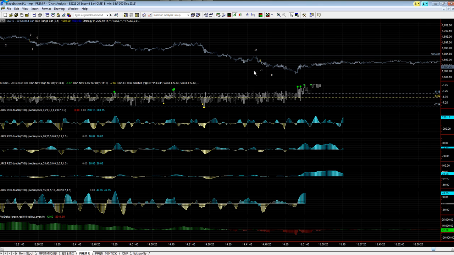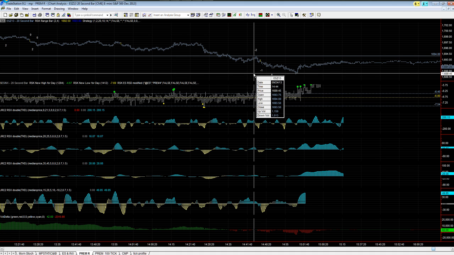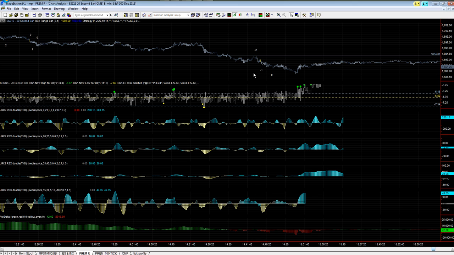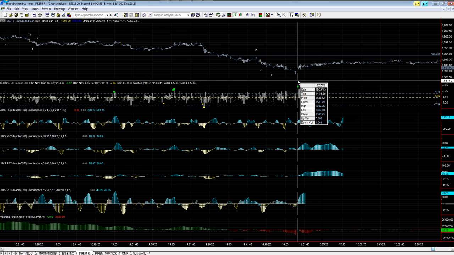Okay, so let's just talk about this exception to the rule. We have the higher highs on the premium here associated with this price at 94. Now the caveat to the premium rule is that if the premium goes higher, we reset the price at which we expect the market to move, and that bar on the premium is valid.